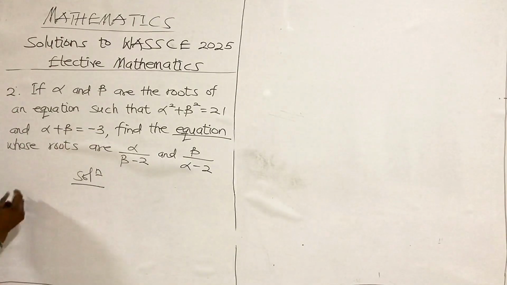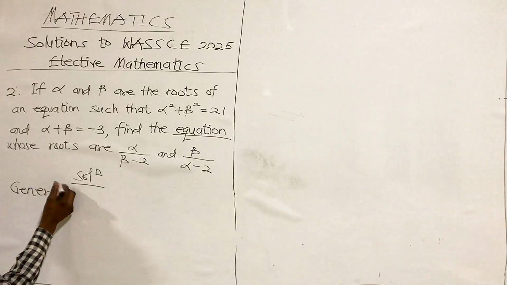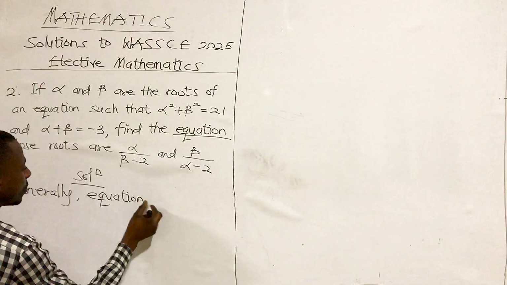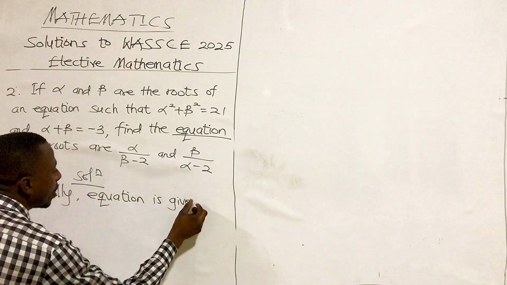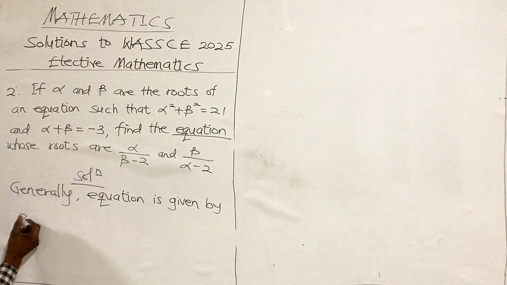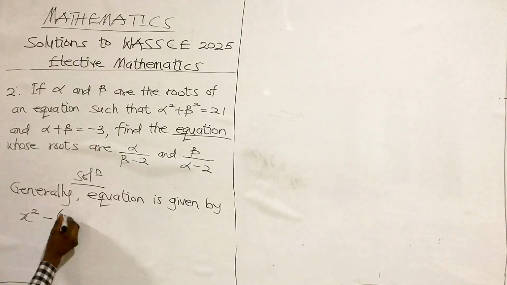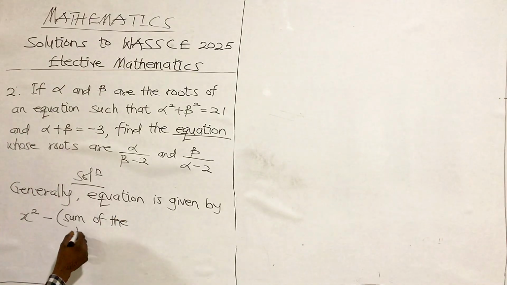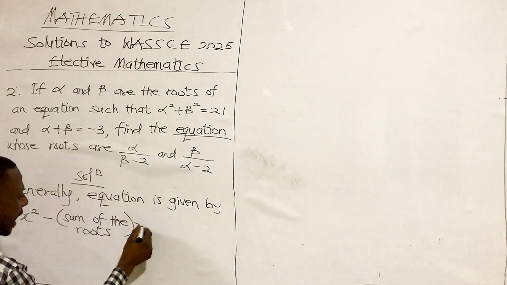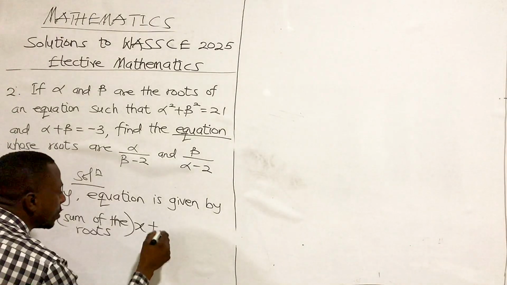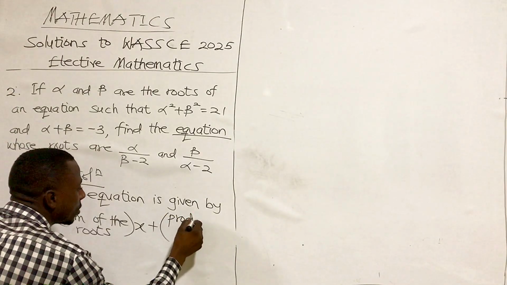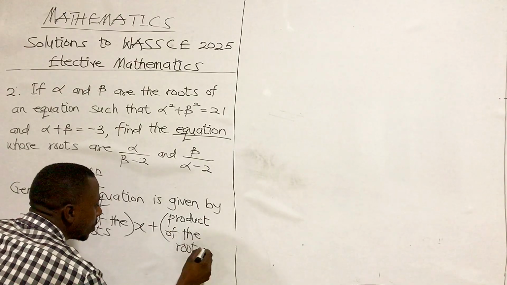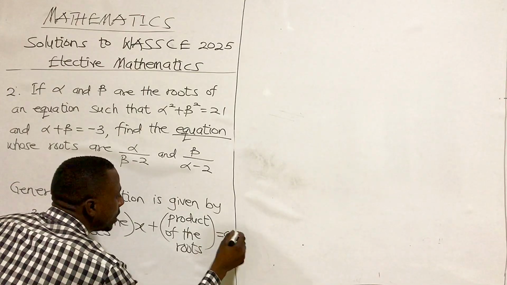Generally, the equation is given by x squared minus (sum of the roots) x plus (product of the roots) equals 0.